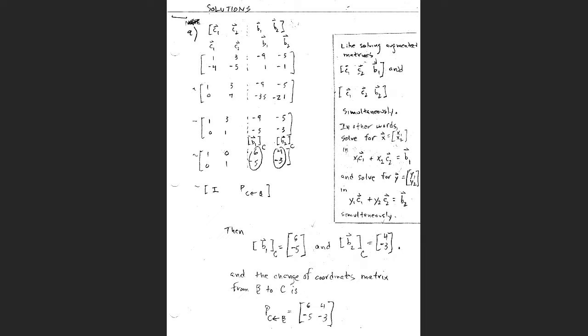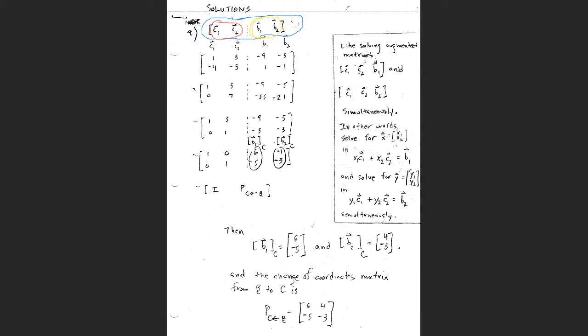What I do is set up a matrix that has as the first two column vectors C1 and C2, because those vectors are for basis C. And then the next two column vectors are B1 and B2, and that's for basis B.